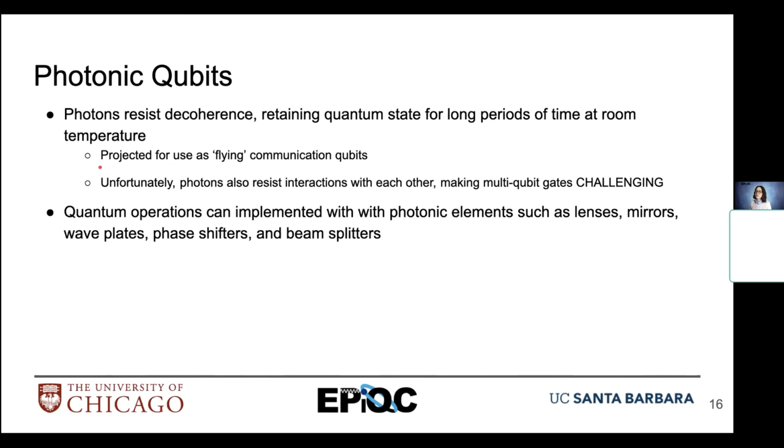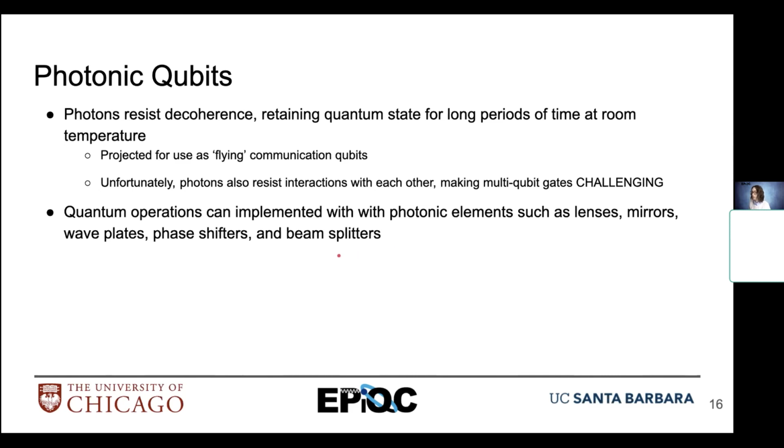So how do we realize operations with photonic qubits? Quantum photonic operations can be implemented with elements such as lenses, mirrors, wave plates, phase shifters, beam splitters. Those linear optic elements are examples of them. Those are able to be implemented in a way that evolves the qubit quantum state, and it's able to evolve quite easily.